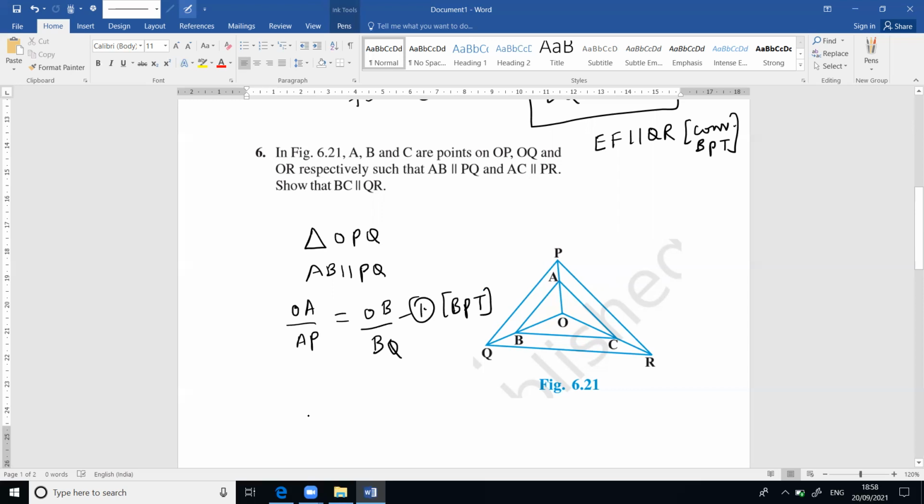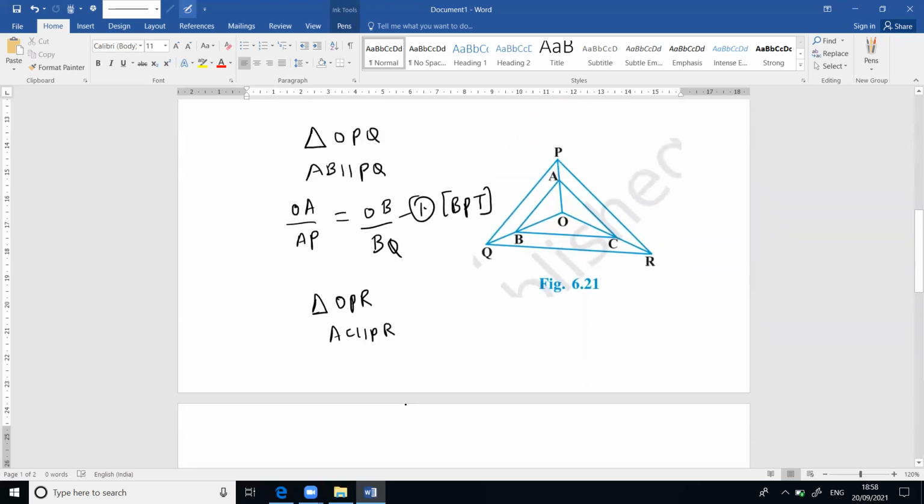Now, similarly, when you think that AC is parallel to PR, you think of triangle OPR. And in triangle OPR, you write down the relation as per basic proportionality theorem. That means OA is to AP will be equal to OC is to CR.